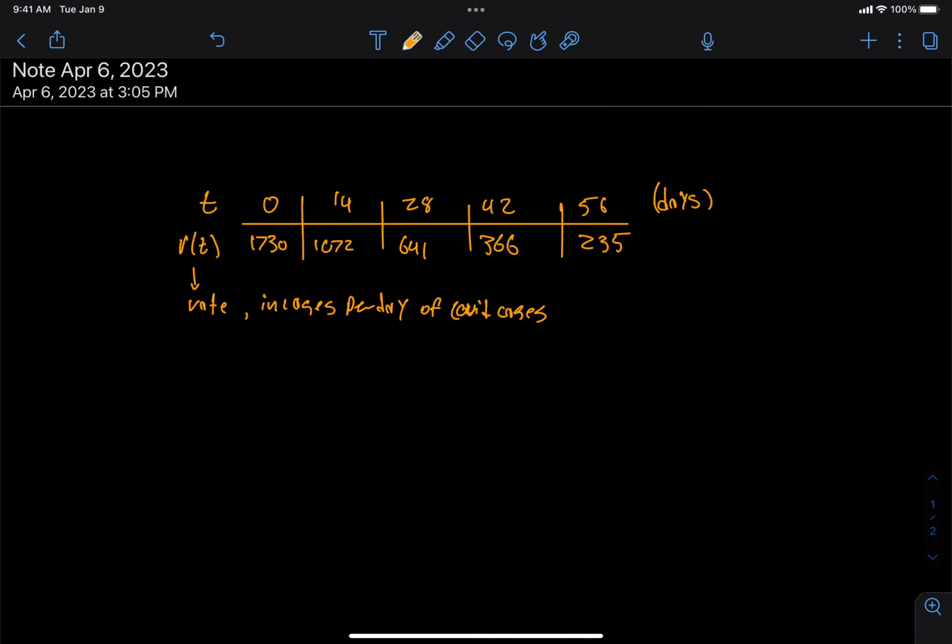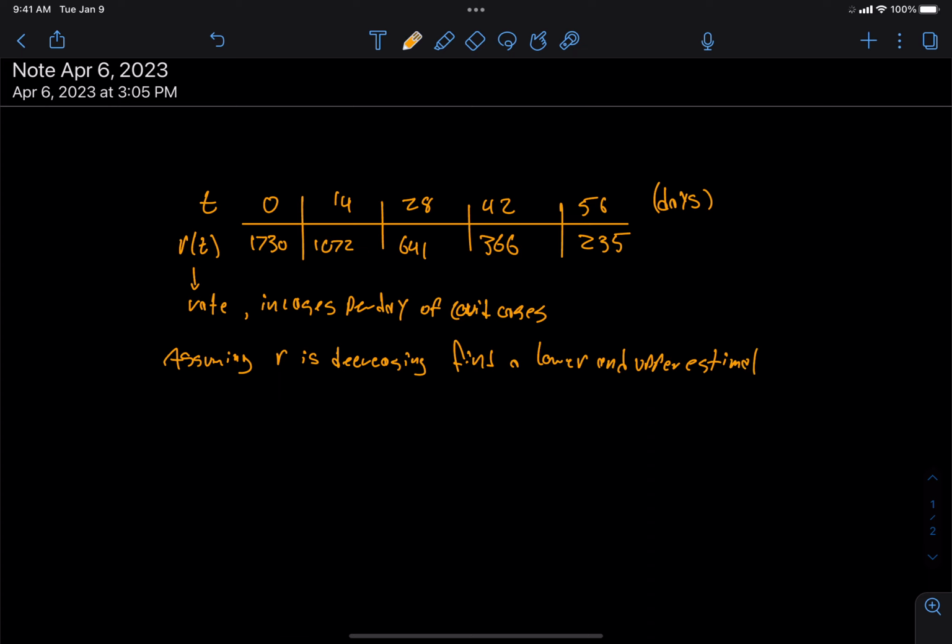And it says, assuming the rate was decreasing. Okay, assuming that R is decreasing, find a lower and upper estimate for total COVID cases from T equals 0 to T equals 56.